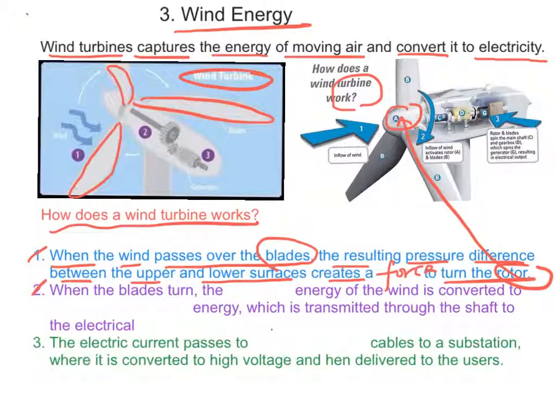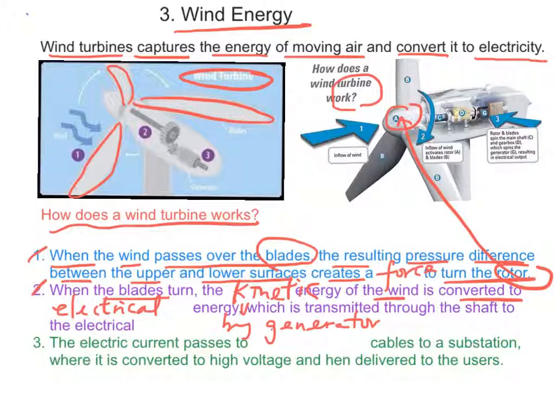Next, when the blades turn, the kinetic energy of the wind is converted to electrical energy by the generator inside the rotor, and the electrical energy is transmitted through the shaft to the electrical station.